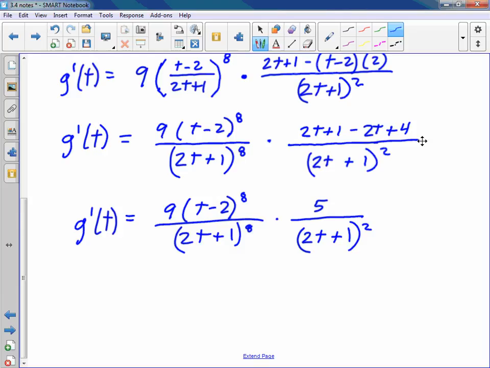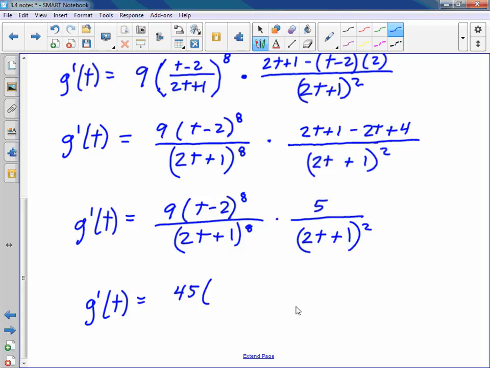Now, think way back. Mariah, if I have the same base raised to an exponent, what can I do? And it's times. Good question, not plus. I can add the exponents. Right. So then I would have g prime of t equals 45.